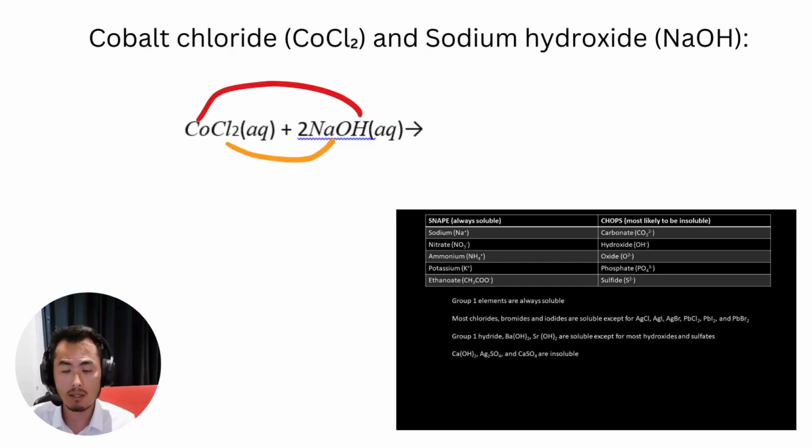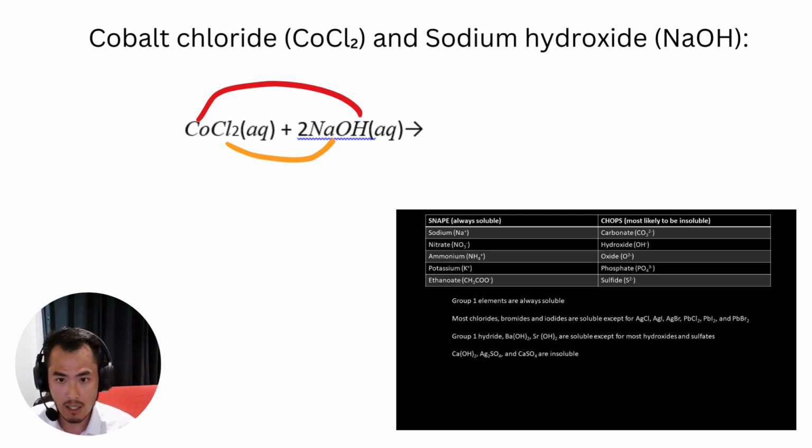If I move on to the second example, we have cobalt chloride and sodium hydroxide. Once again, going back to the ion table. So you have CoCl2, no charge. Cobalt is Co2+, chlorine is Cl minus. Together, no charge. So you have two chlorides and one cobalt ion within the compound.